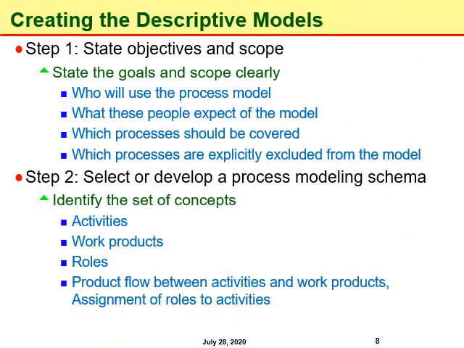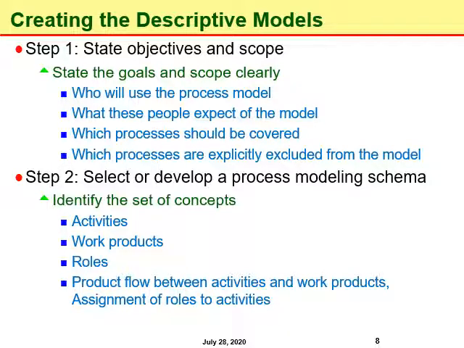So the first step is state objectives and scope. In order to properly plan and later manage the process modeling efforts, it is important to state the goals clearly before any modeling starts. The scope of the effort must also be clearly stated.